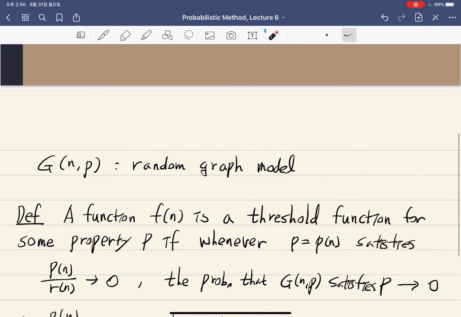And we say that this binomial random graph satisfies a certain property with high probability. That means the probability that the resulting graph satisfies the property approaches 1 as n goes to infinity. Then we say that it's a with high probability event.